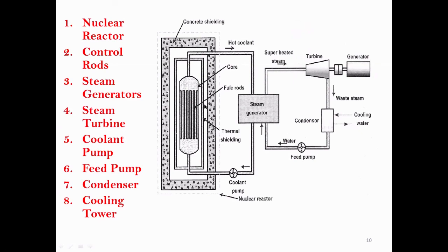Once the reaction takes place, a huge amount of energy is released. That makes this cool water into hot, which is in turn in touch with the steam generator, the turbine, the pump, and a cooling water condenser.